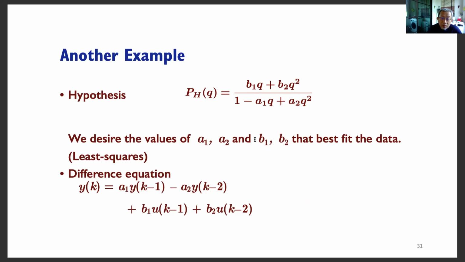So we designate the values of A1, A2, B1, and B2. So we have four estimated parameters that best fit the data given.